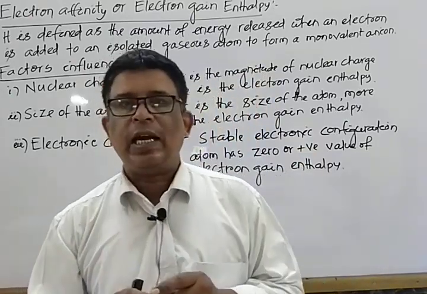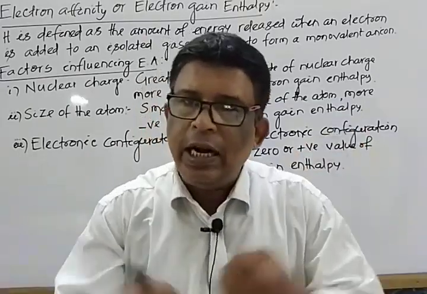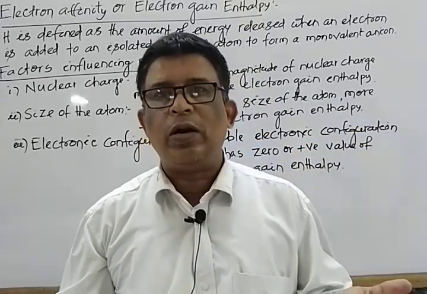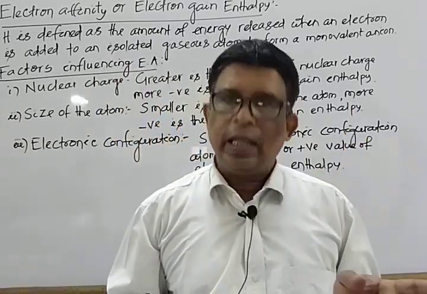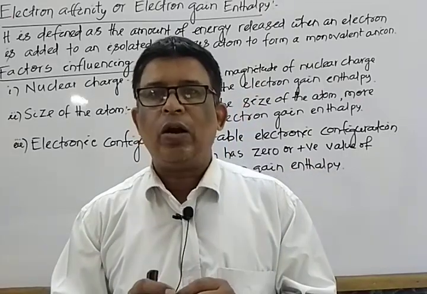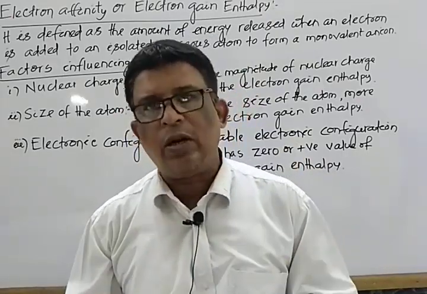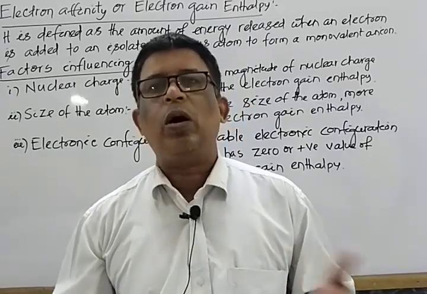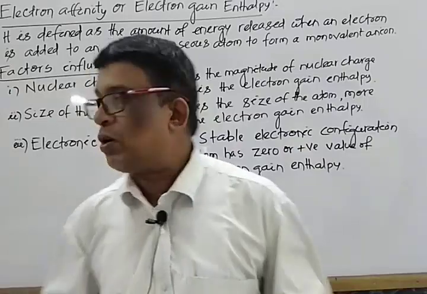It indicates that loosely bonded means less energy released, tightly bonded means more energy released. And like ionization energy, here also the way of expression is electron volt per atom, kilocalorie per mole or kilojoule per mole. Next we discuss the factors affecting it.